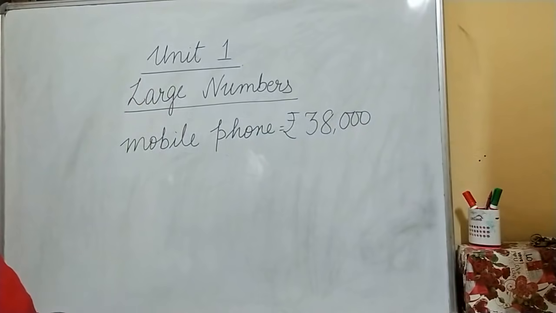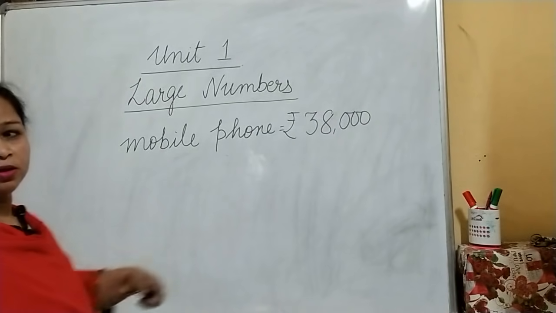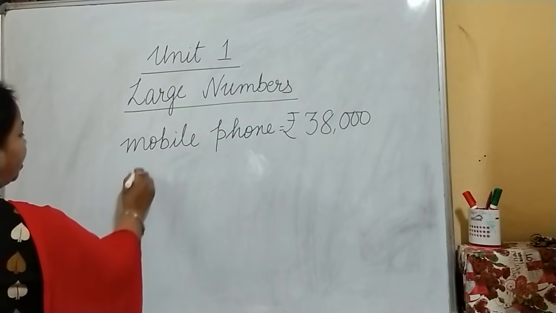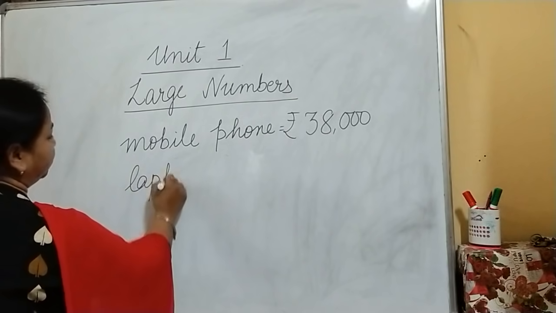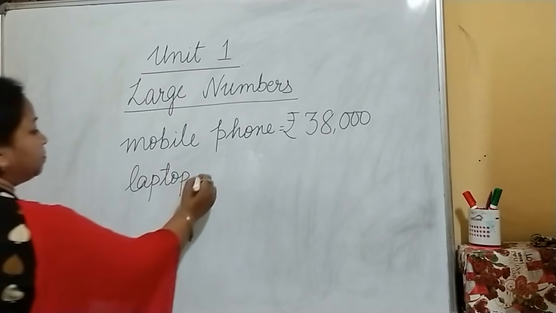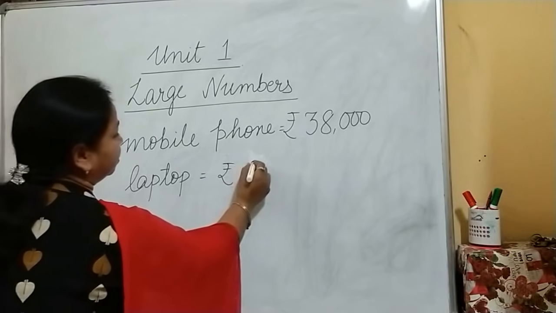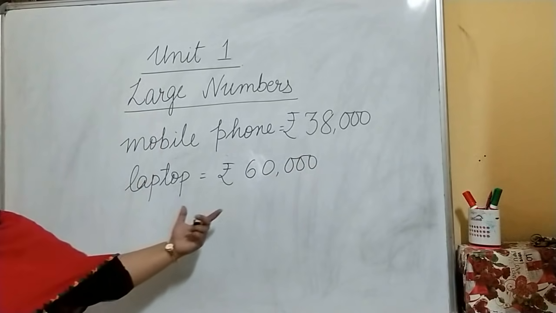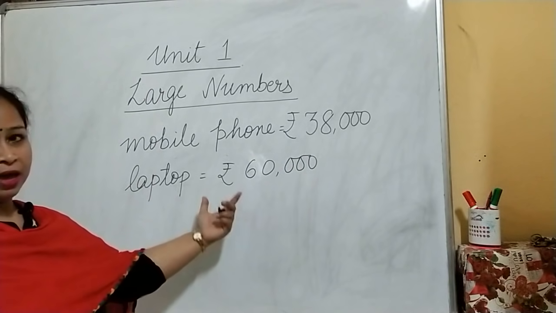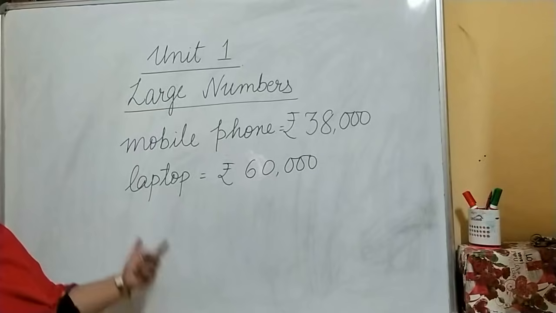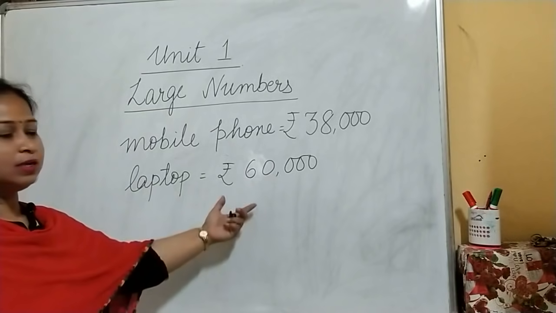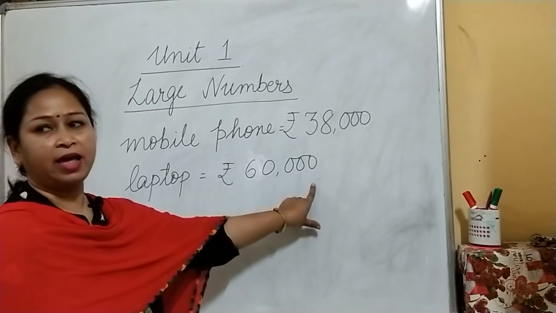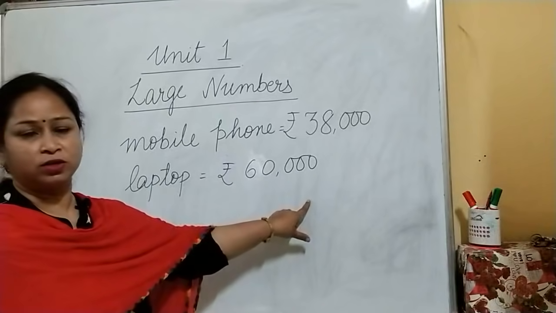You can see we have a 5-digit number over here. Let me take one more example. If I have to purchase a laptop, I may be paying approximately 60,000. Again, it's a 5-digit number. As we have already read 5-digit numbers, I know that this is read as 60,000.